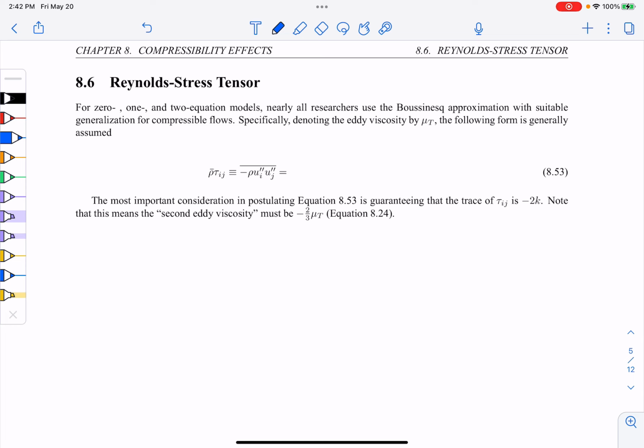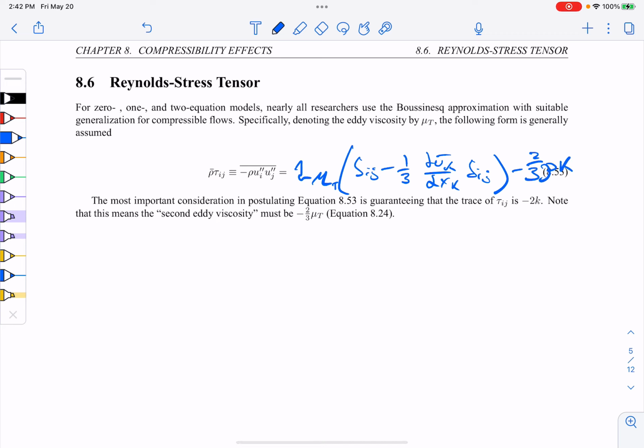So for this type of model, we might model the Reynolds stress tensor for these high-speed compressible flows as something like 2 times the eddy viscosity times Sij, minus 1/3 of partial Uk bar partial xk delta ij, minus 2/3 of rho k delta ij, which is the Kronecker delta function.